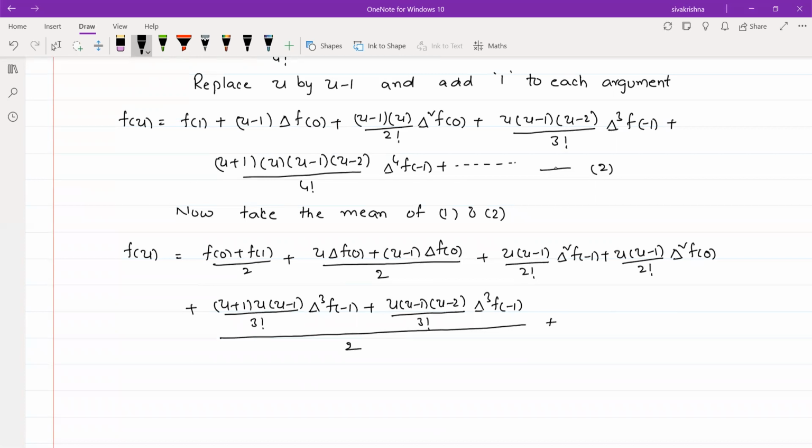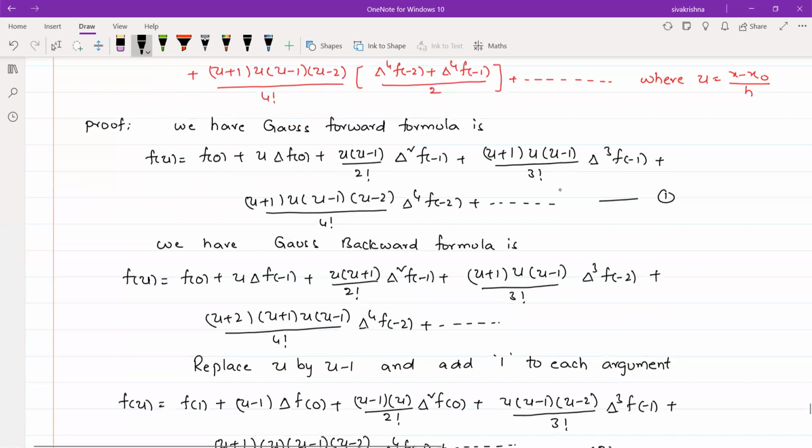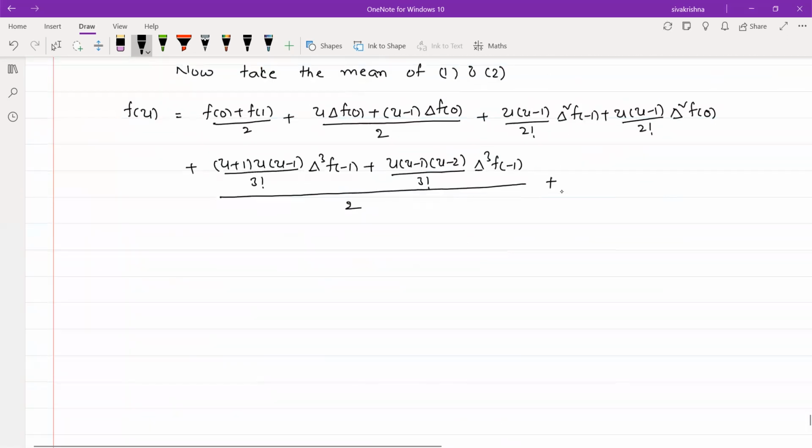Coming to the next term, that means the last term in equation 1. In equation 1 we have u plus 1 into u minus 1 into u minus 2 by 4 factorial into delta power 4 f of minus 2, so we have to write that particular term.